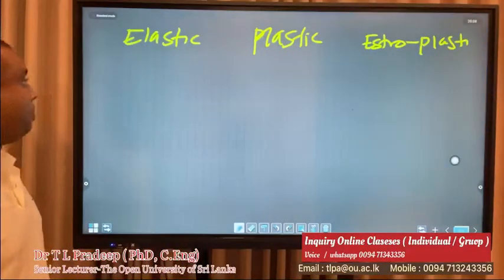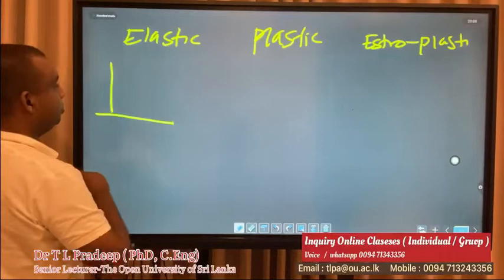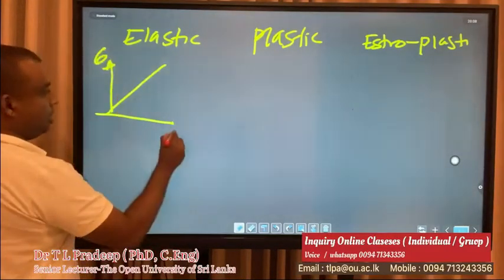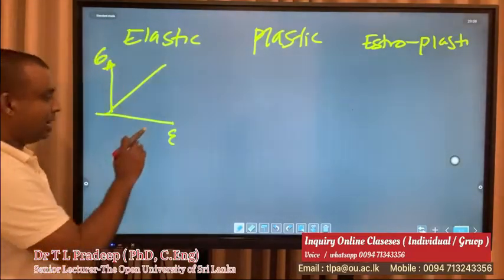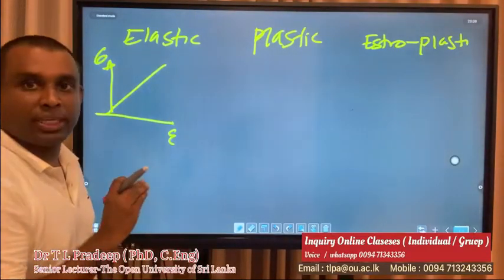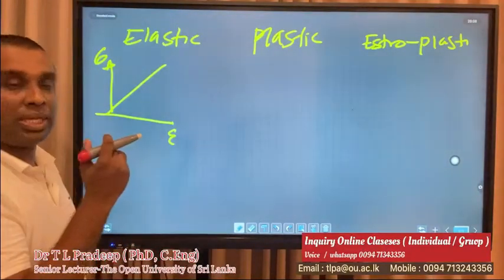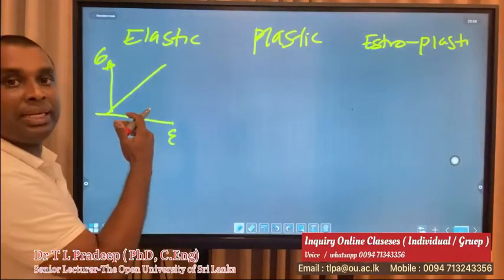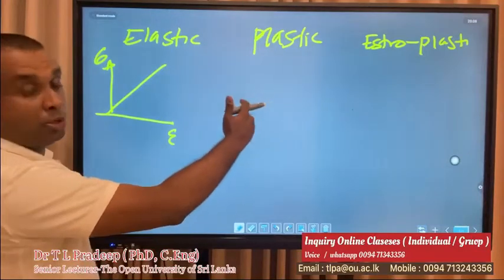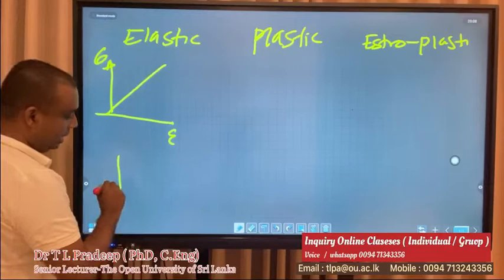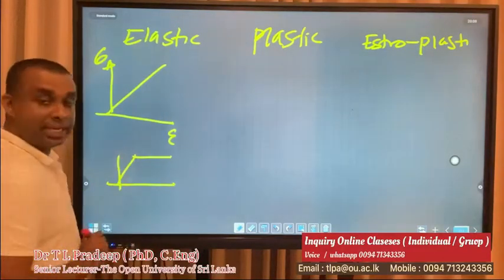Before that, when you apply the load, this is stress and strain. So we will be talking in a while about what we mean by stress and strain. But before that, we need to understand what is this elastic and the plastic and elastoplastic behavior. For example, in the steel, behavior, we take it as like this.